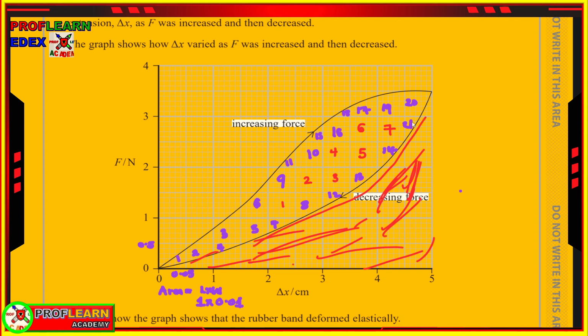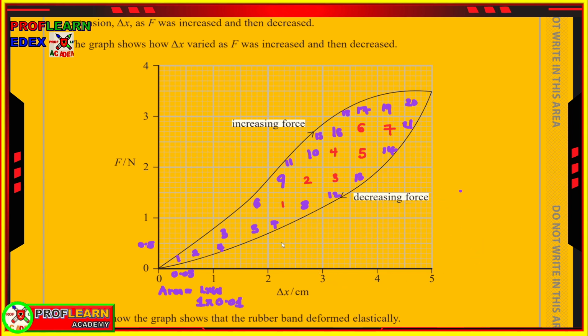But when it's unloaded, this area that I've shaded red represents the energy that is given out. But you see now there is some energy that is wasted when a rubber band is being stretched, in the form of heat. And that is actually the energy in this region that I've numbered here.